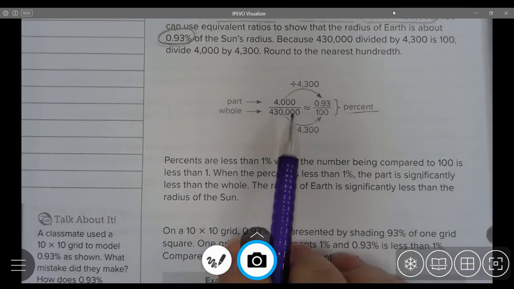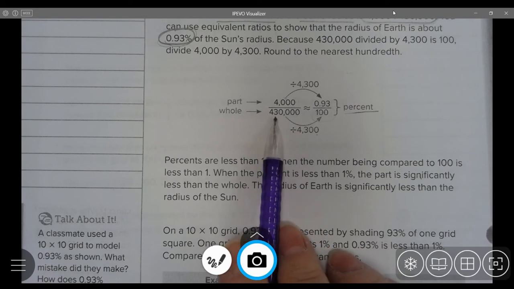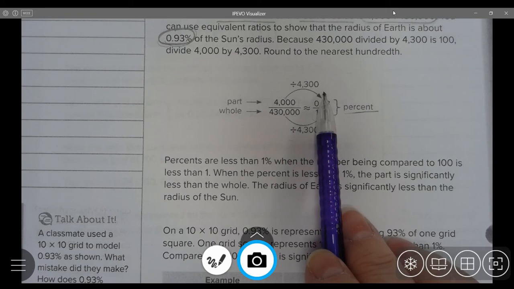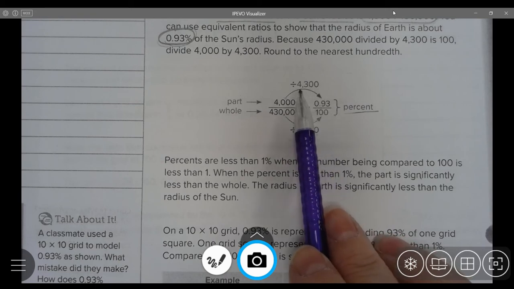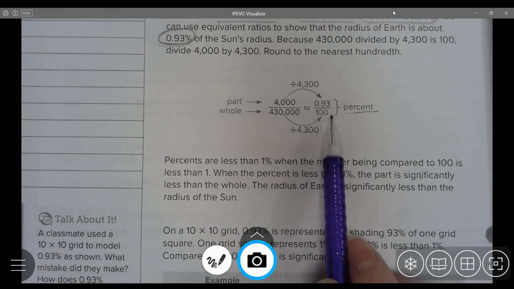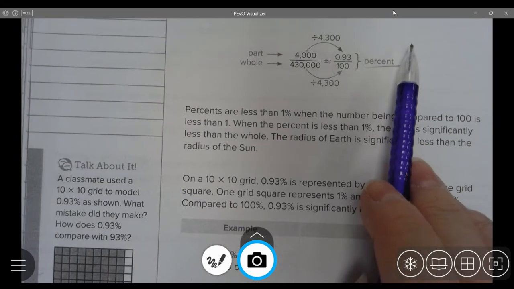So we're looking at the ratio 4,000 to 430,000. We are dividing both by 4,300, and we have an approximate percent of 93 hundredths to 100, which makes it a percent.